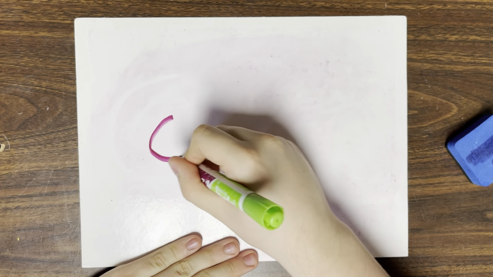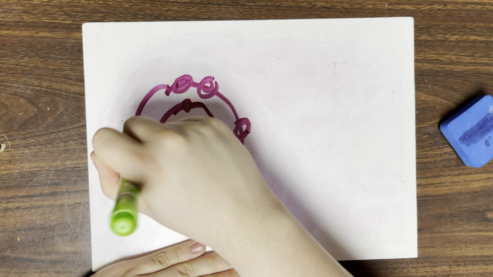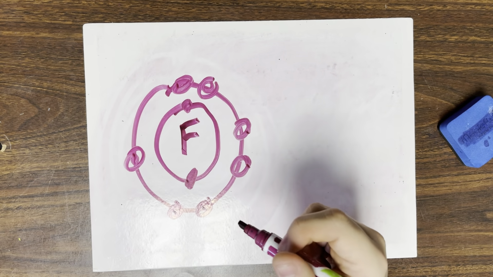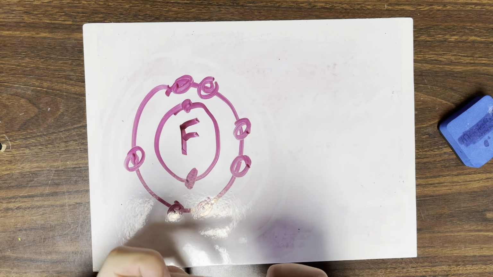See, if we look at fluorine here, it has a full shell here, but it is missing just one to become a full atom. So, because it's so close, it's going to pull an electron very easily from another atom.